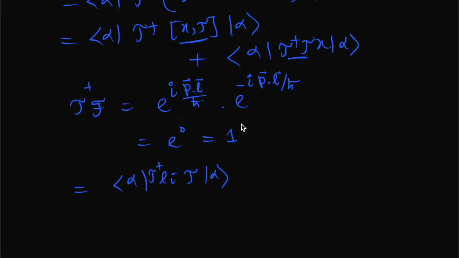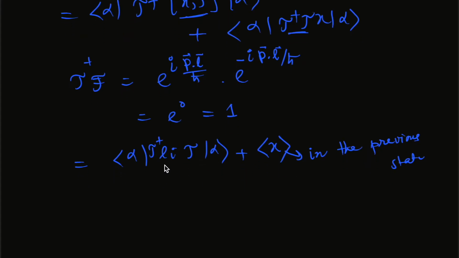This 1 means unity operator, that means it will be x expectation value in the previous state alpha, and this will be li tau dagger means again 1, and that means alpha plus x. And if the state is previously normalized, then it will be x plus li.